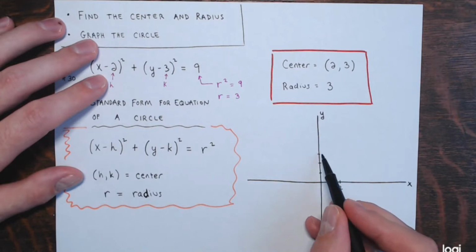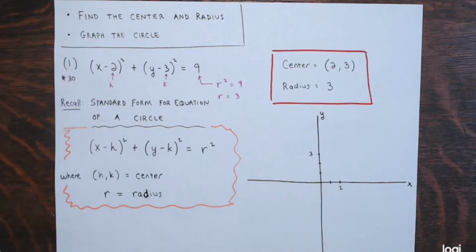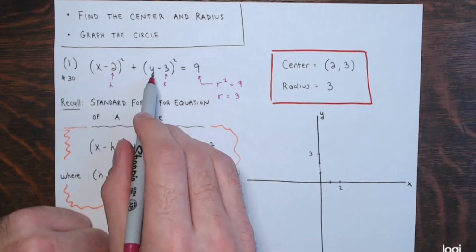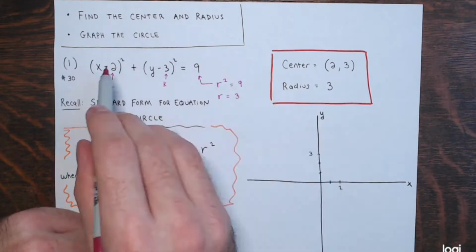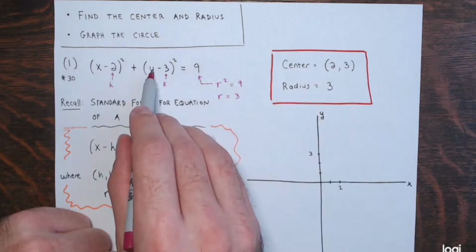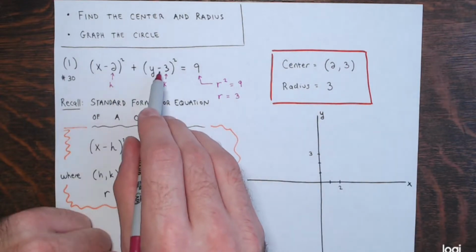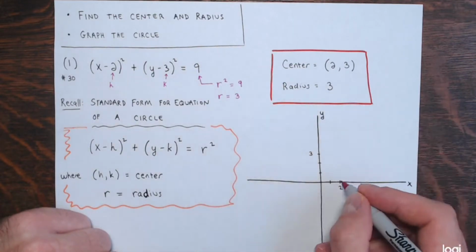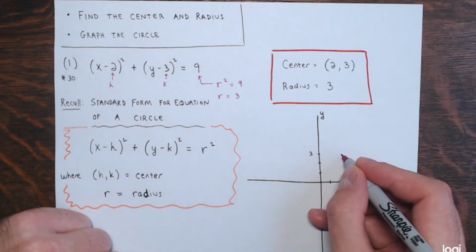3 on the y. Now this actually isn't a point on the circle. The center does not satisfy this equation. If you plugged in 2 for x and 3 for y, you'd get 0 plus 0 equals 9. That's false. So this is just a point I'm going to put that's a guide.